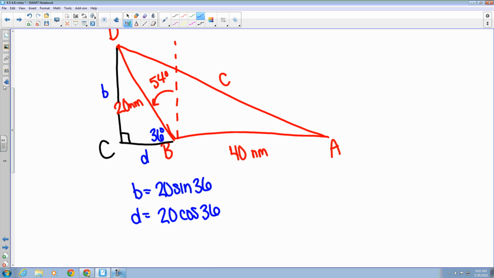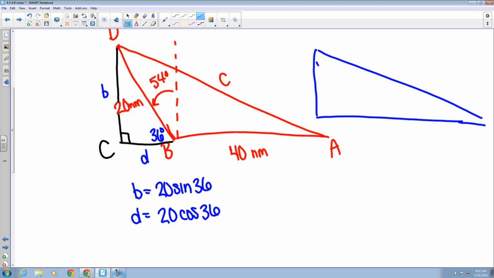So what I'm doing there is pretty much just making a giant triangle. We're trying to find side C. We now have this side to be 40 plus 20 cosine 36, and this side would be 20 sine of 36.